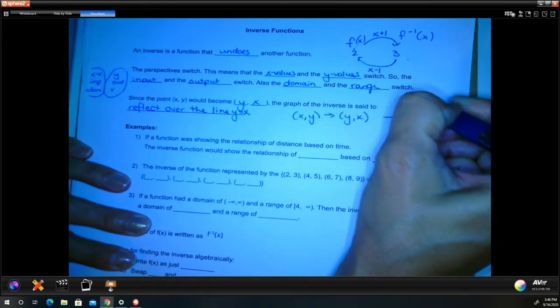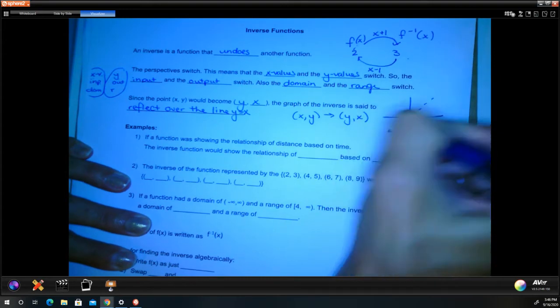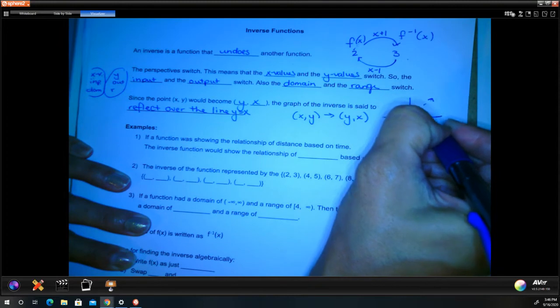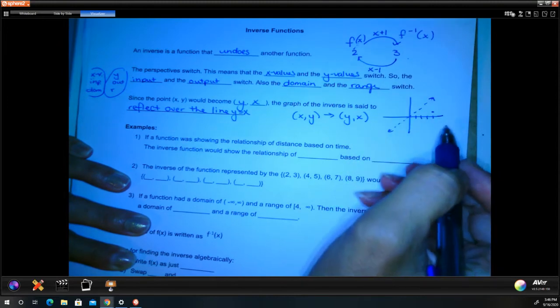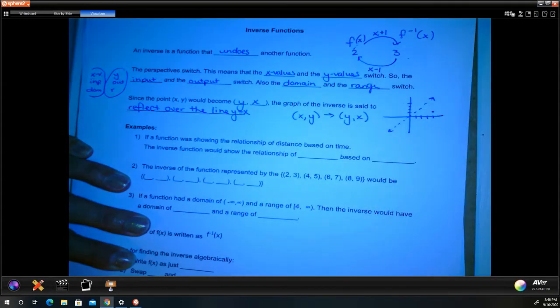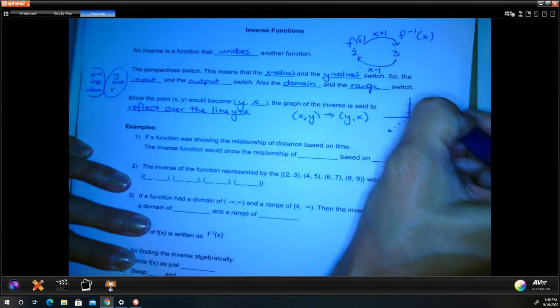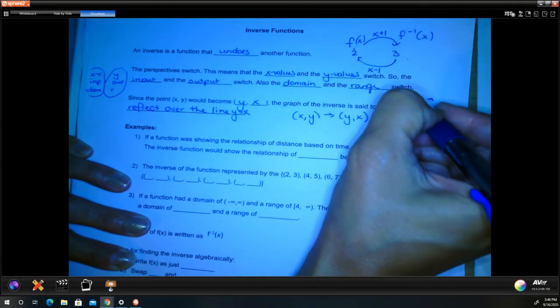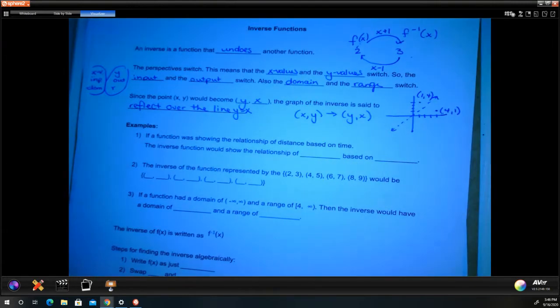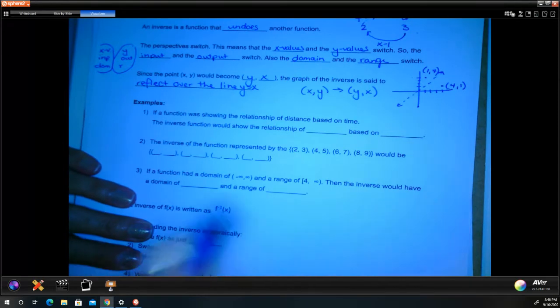That's that line that cuts like this. If we had a point here, (1, 4), and I reflected it over, instead of (4, 1) I would now have (1, 4). The x and y's flip. All right, hope that makes sense.